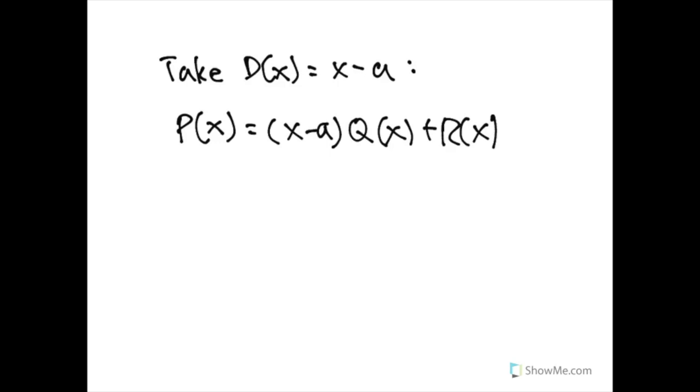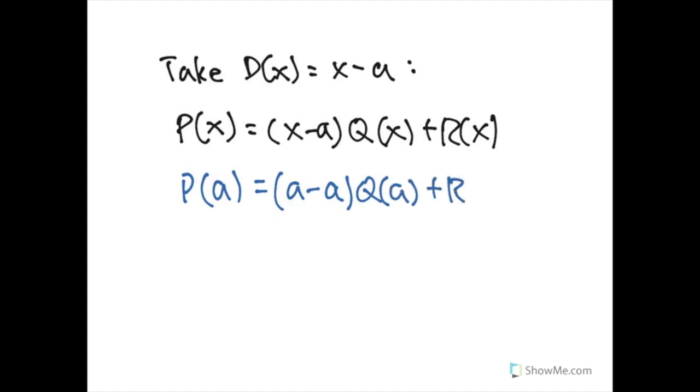So a really powerful extension of this theorem is if we take the divisor to be x minus a for some constant a. Then the theorem transforms into this. And see what happens when we plug in x is equal to a. The right-hand side of this expression is equal to r of a.